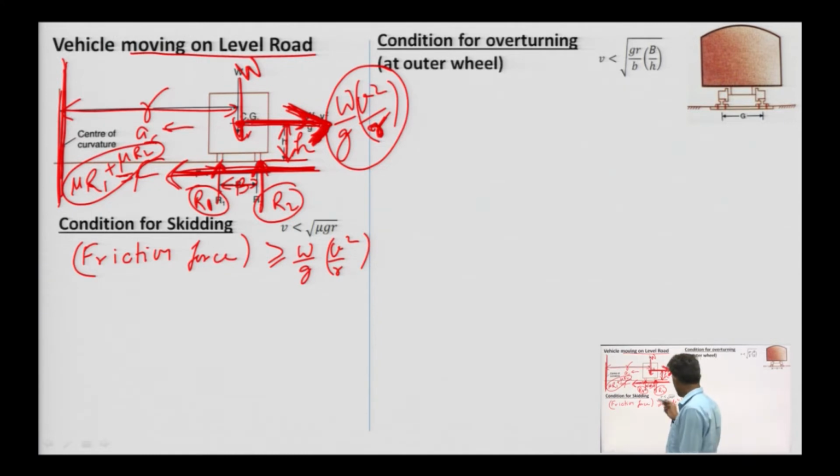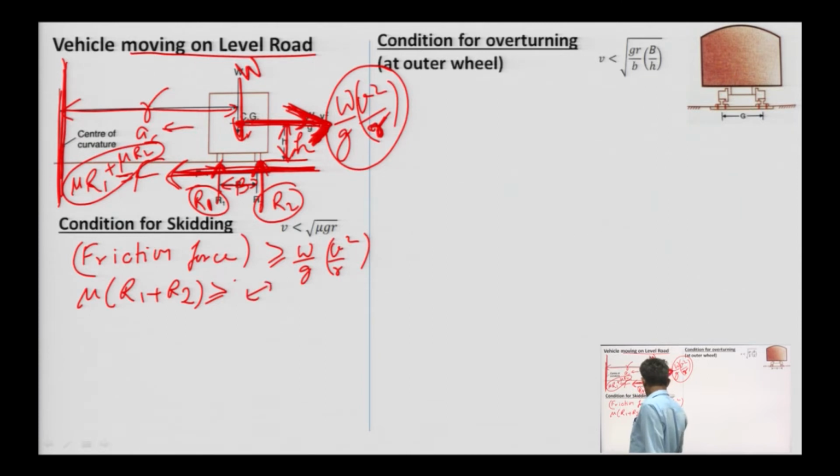So let us calculate the velocity for this condition. The friction force is mu into (R1 plus R2), which equals W upon g into V square by R. What is R1 plus R2?